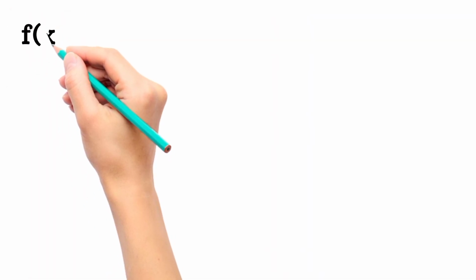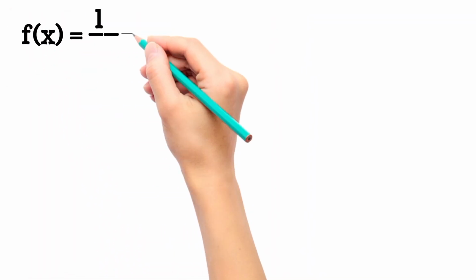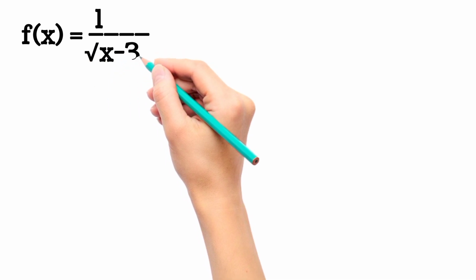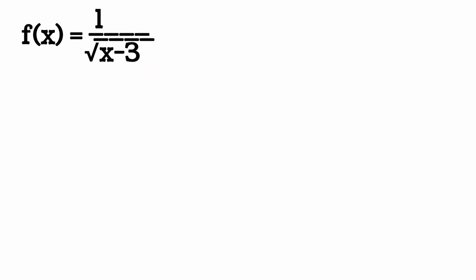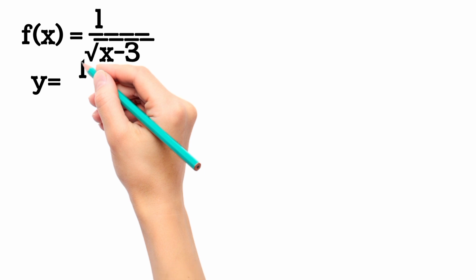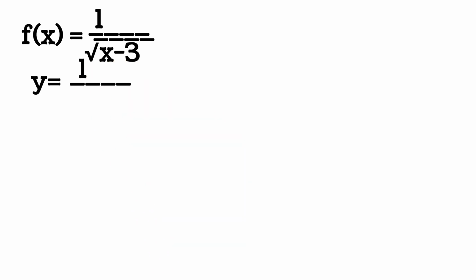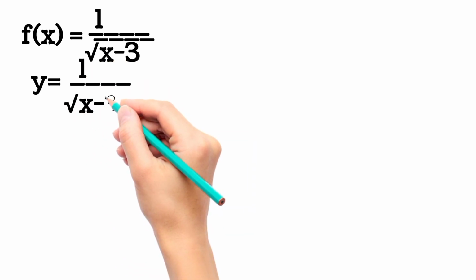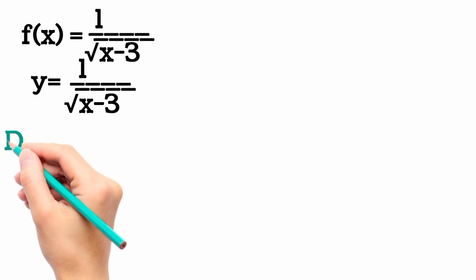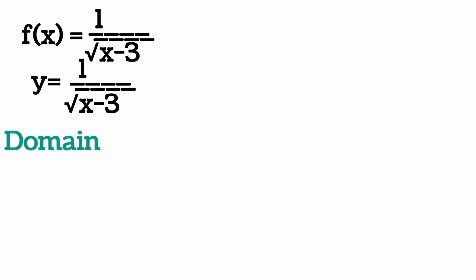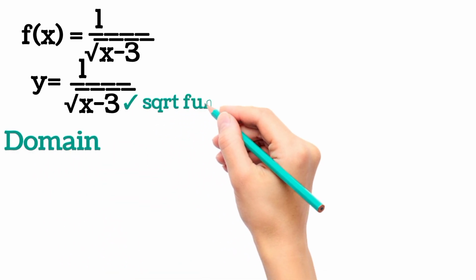Now another question is f(x) is equal to 1 upon square root of x minus 3. Let us write it as y is equal to 1 upon square root of x minus 3. Now for the domain, we see that here we have square root function.